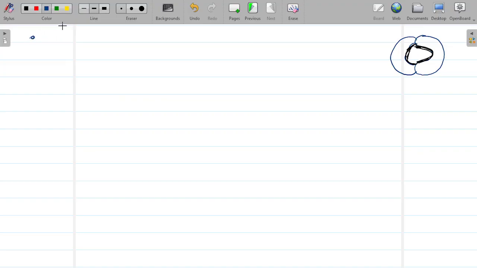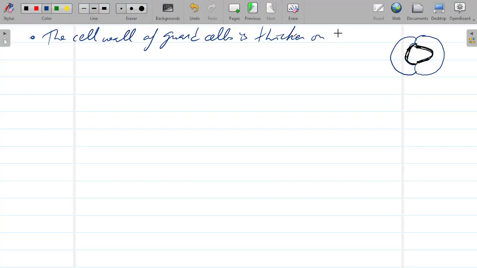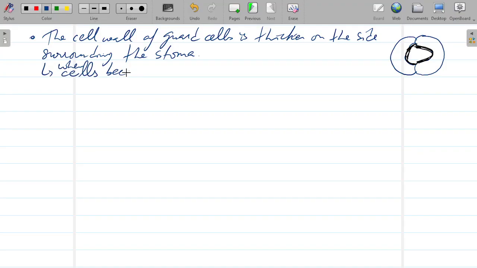So the cell wall of guard cells is thicker on the side that is surrounding the stoma, right? And so when these cells become turgid, they increase in size.